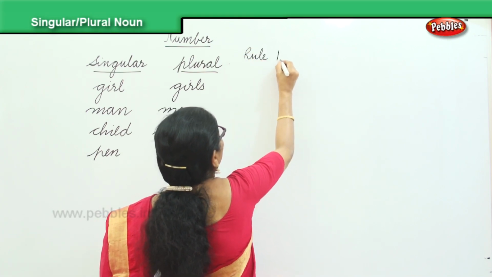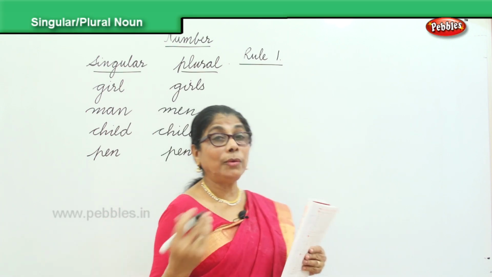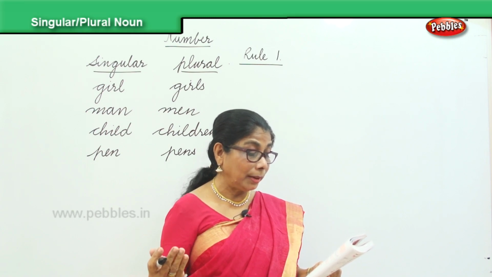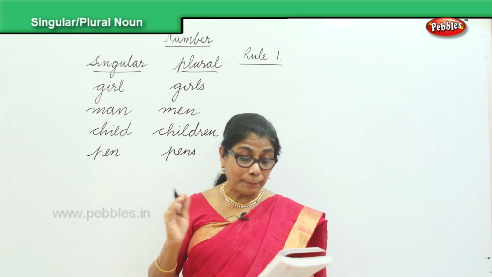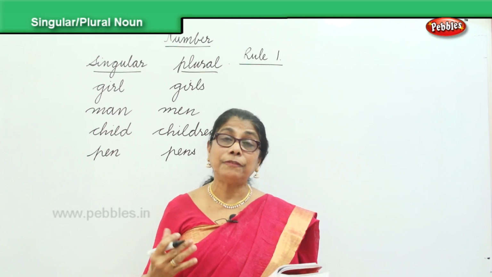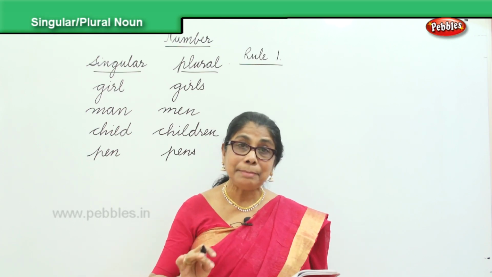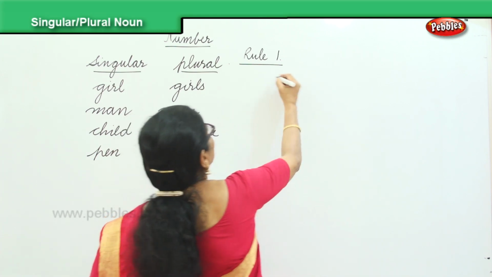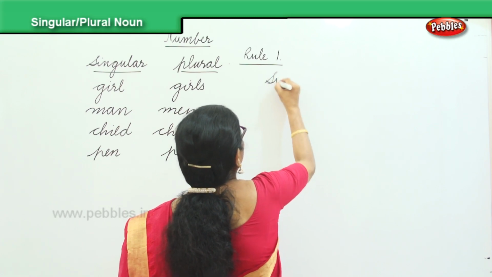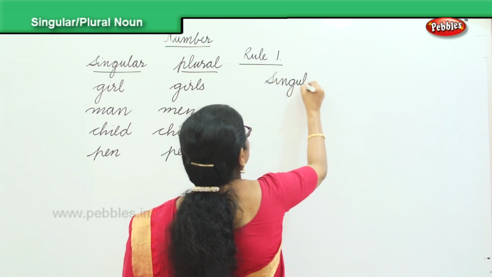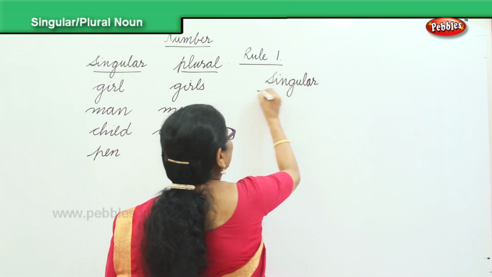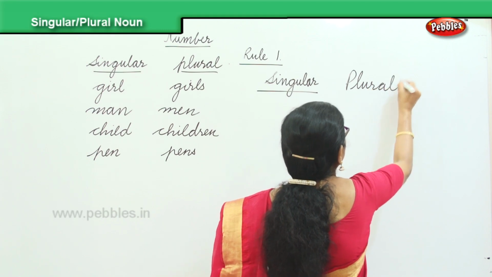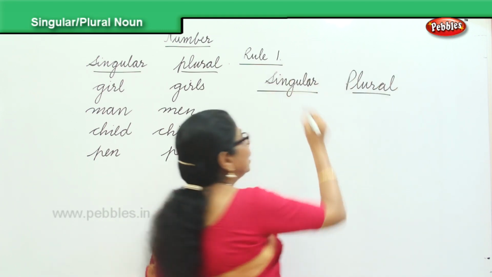What is the rule number 1? Most nouns in this rule number 1, the plurals are formed by adding a simple s to the singular number. Okay? Now just look at that. So we have here singular, and then we have the plural. Now what did I say? What is the rule number 1?